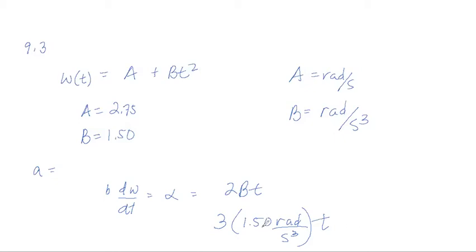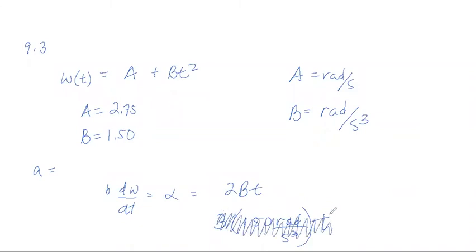Let me make sure I get this right. T2 is 5 seconds, 5 times 1.5. Anyway, I think I just made another mistake here.